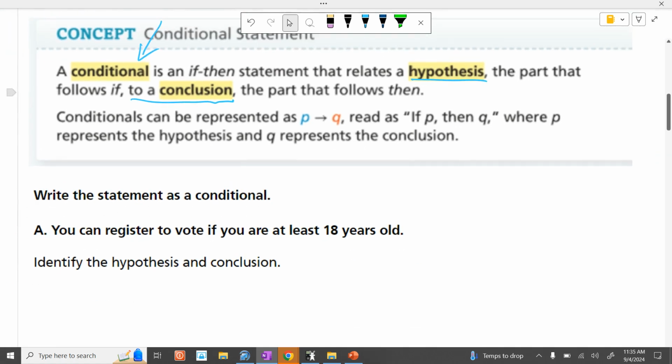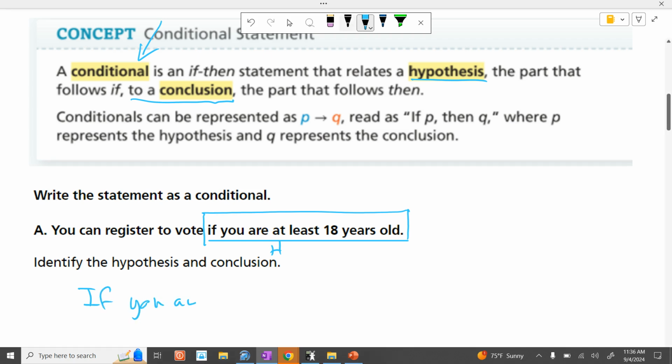Write this as a conditional statement. You can register to vote if you are at least 18 years old. So you would say, if you are at least 18 years old, then you can register to vote.